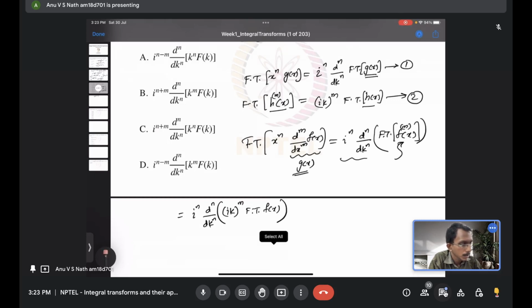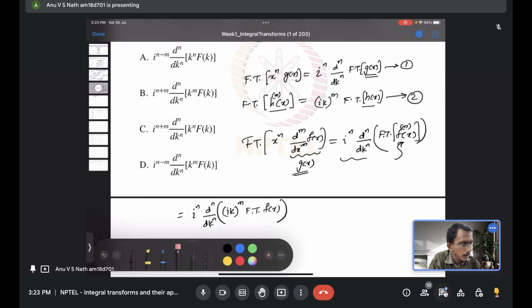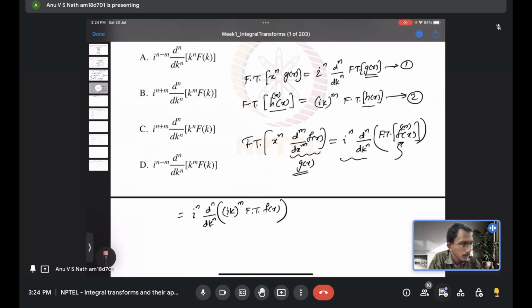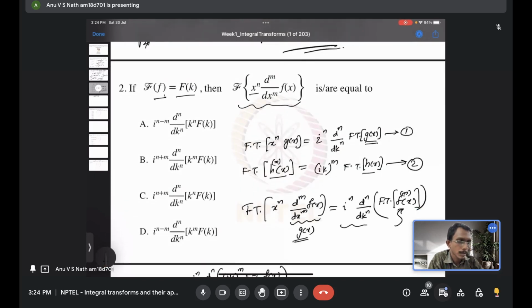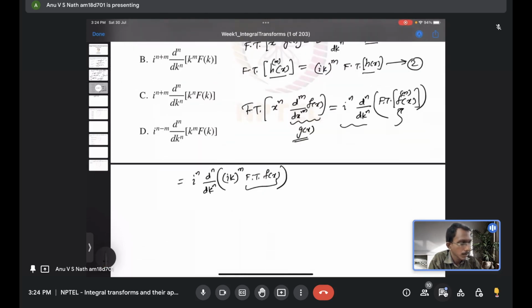That's all. So now it is given that the Fourier transform of f of x is capital F of k, right? That is given. So that means we can write this as i raised to n times the nth derivative of ik the whole raised to m times F of k. Now, i raised to m is a constant, right? So we can take that outside.